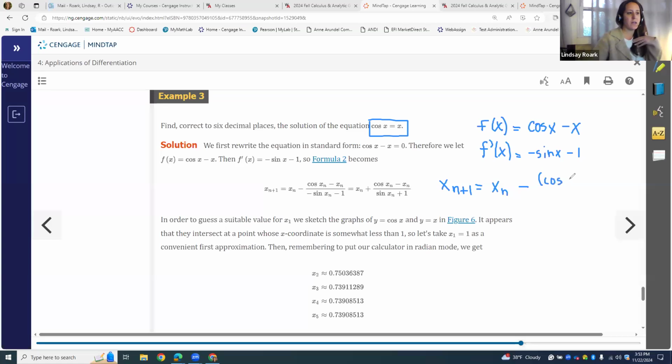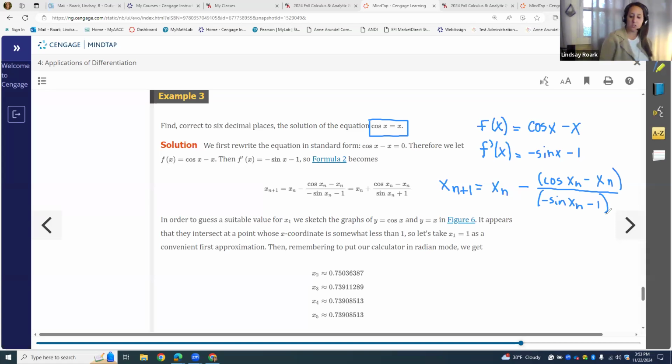So I'll say cosine of x of n minus x of n, all divided by negative sine x of n minus 1. And then it just becomes a matter of crunching the numbers over and over again.